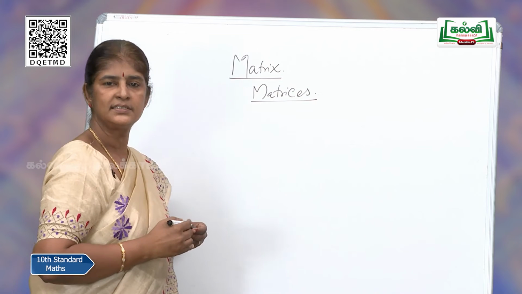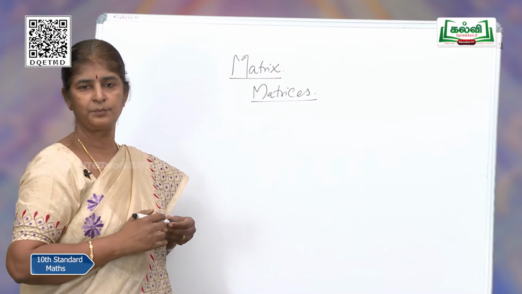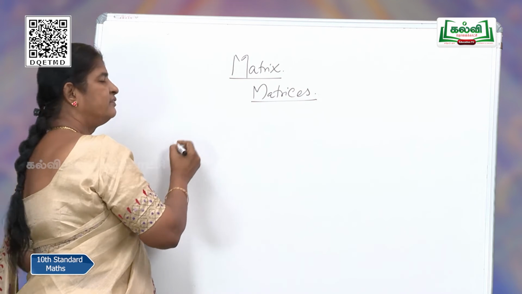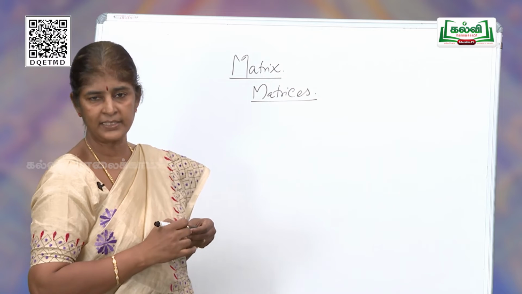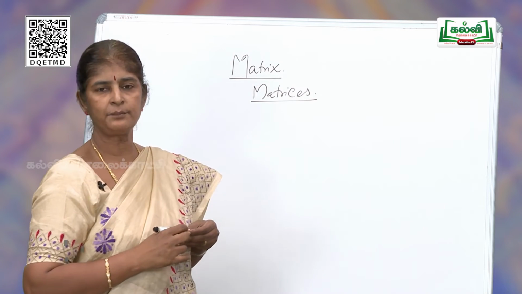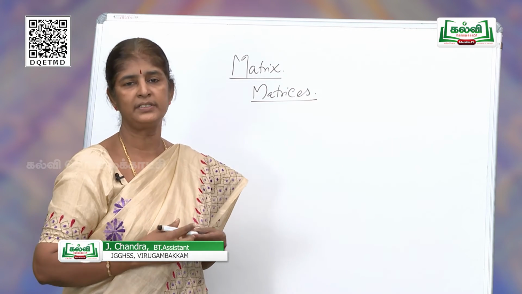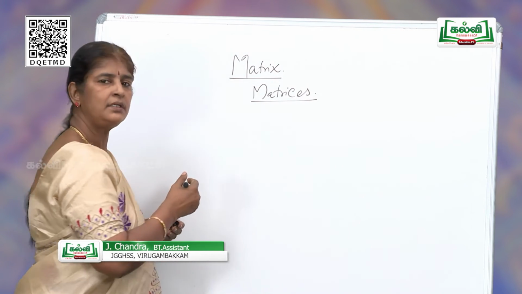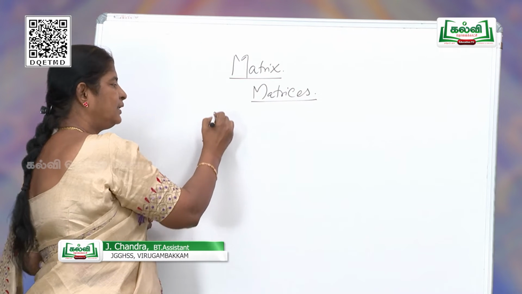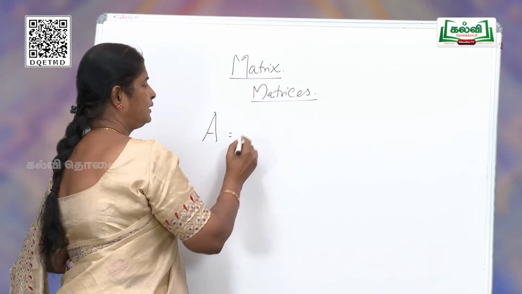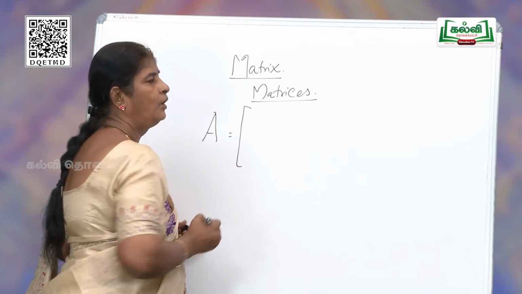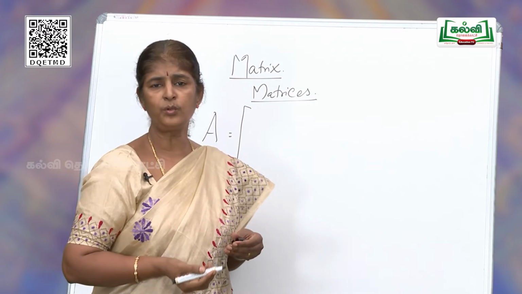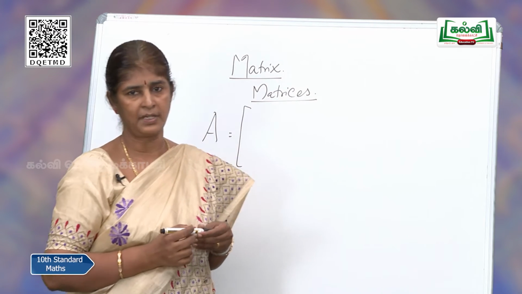A matrix is a singular word and matrices is the plural. Just as we all have a name, matrices also have a name, which can be introduced by a capital letter. A is equal to. Now, the rows and the columns make up the matrix.